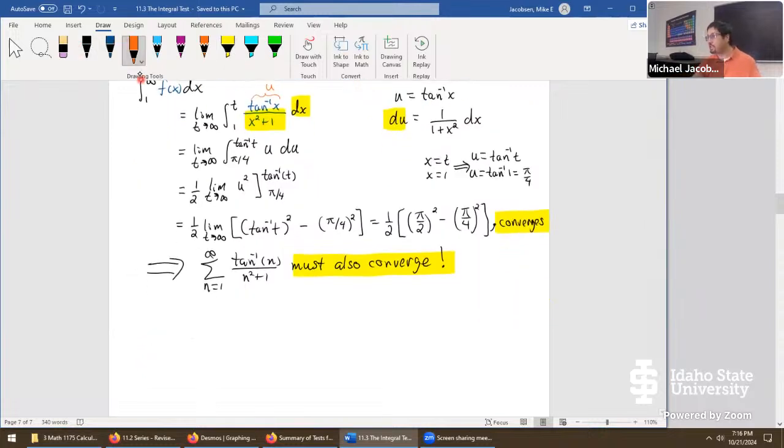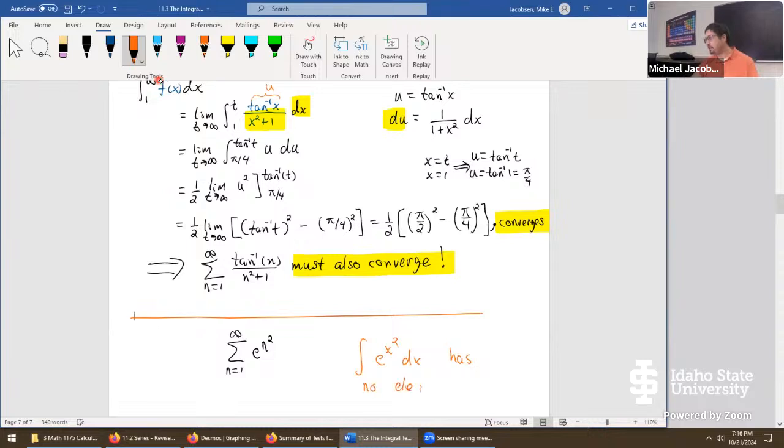Say, for a really quick example, a series that goes e to the n squared is very problematic for the integral test, because the antiderivative of e to the x squared dx has no elementary, this is our author's wording, antiderivative.